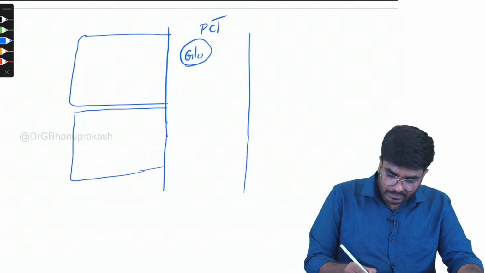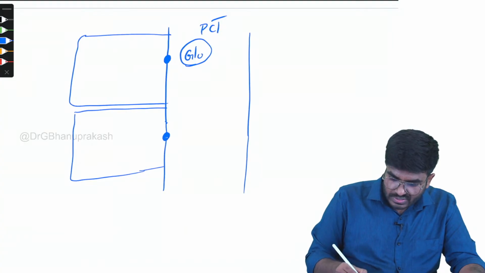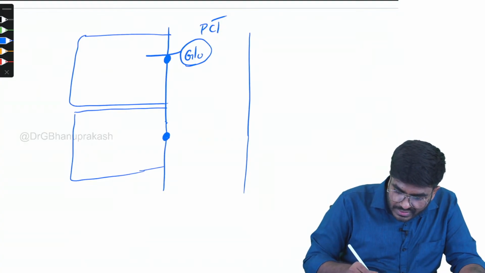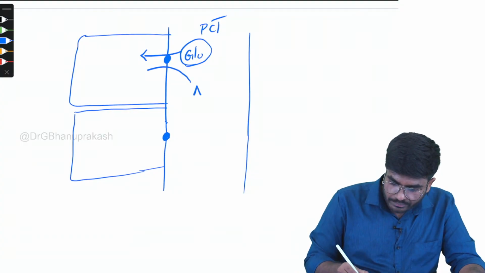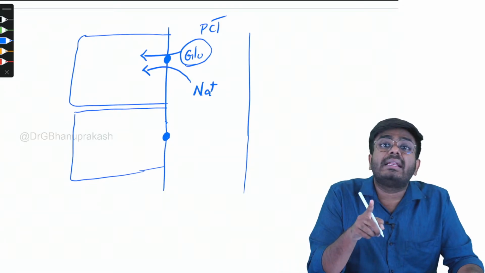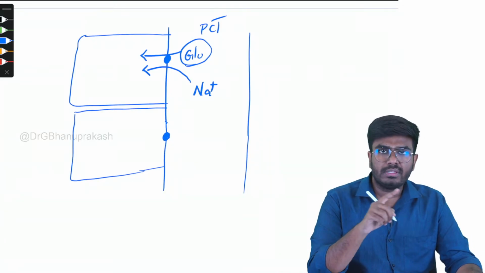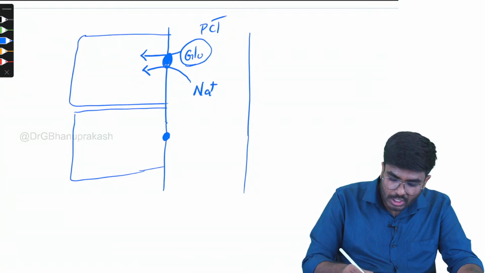Now, here is one transporter. What is this transporter doing? It is reabsorbing the glucose and it also reabsorbs the sodium. Along with the sodium, glucose is reabsorbed with the help of this one transporter.